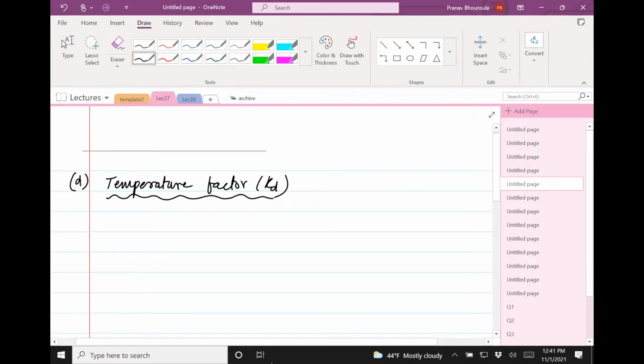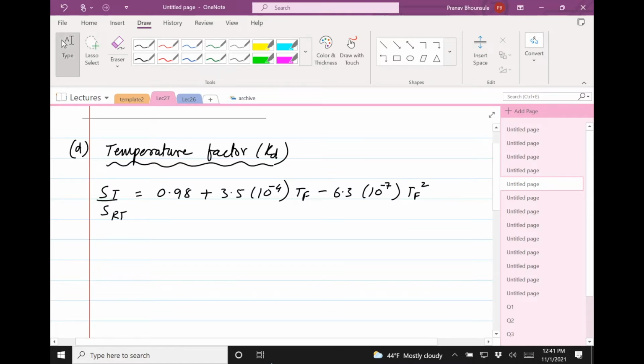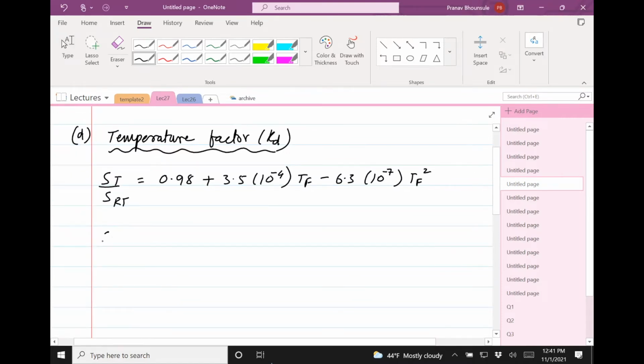First of all, you need to compute this ratio, and I'm going to define what ST and SRT are in a bit. ST divided by SRT is 0.98 plus 3.5 times 10 raised to negative 4 TF minus 6.3 times 10 raised to negative 7 TF squared. Clearly TF is temperature in Fahrenheit, and I'll put it down in a bit.